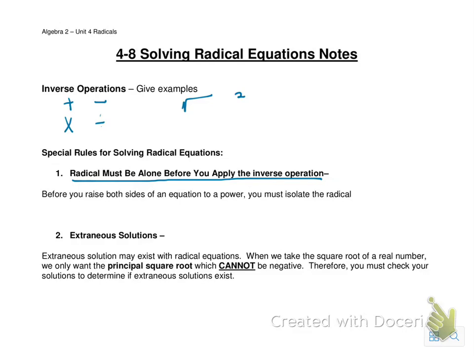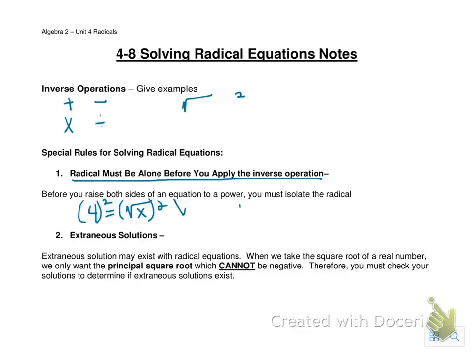Okay, there's a couple of things. The first key rule is the radical must be alone before you apply the inverse operation, which in this case is squaring it. So an example of that would be if I have 4 equals the square root of x, then I'm ready to go. I can square both sides because the radical was by itself.